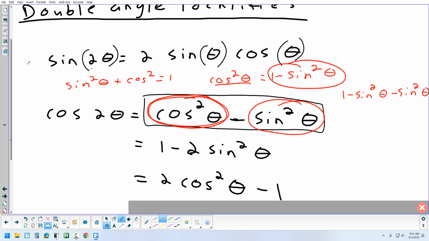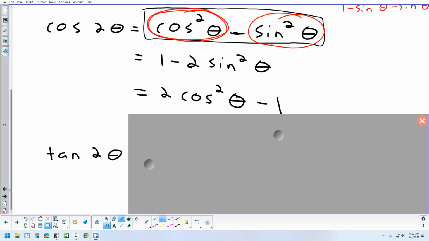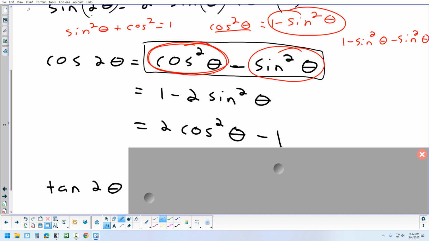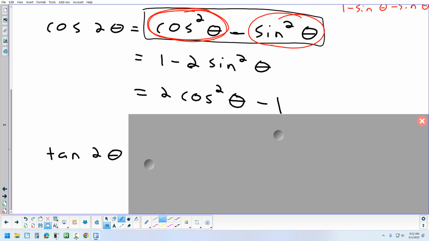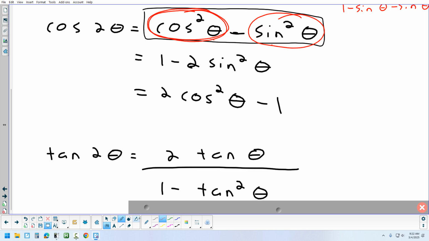But if you had to do a tangent, right now you don't know the formula, how could you think of tangent using the formulas you already have? Sine 2 theta over cosine 2 theta. Right. Or, if you know this tangent formula, you could use that.